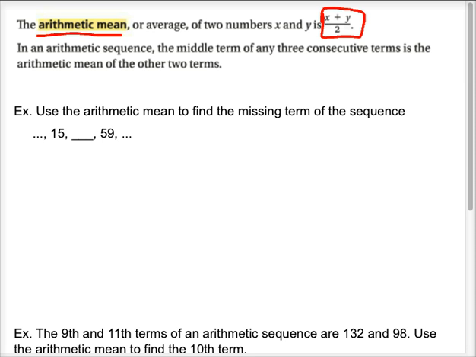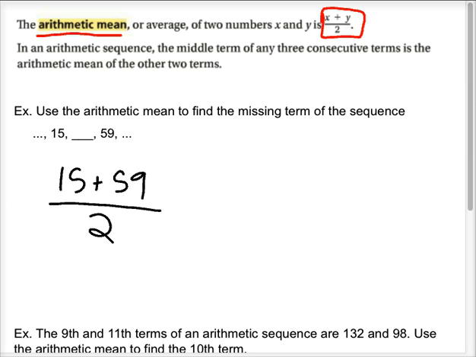Okay, so for example, this next one: use the arithmetic mean to find the missing term of the sequence. Because you have 3 terms in a row and you're missing the middle one, all you have to do is take those 2 terms and average them.